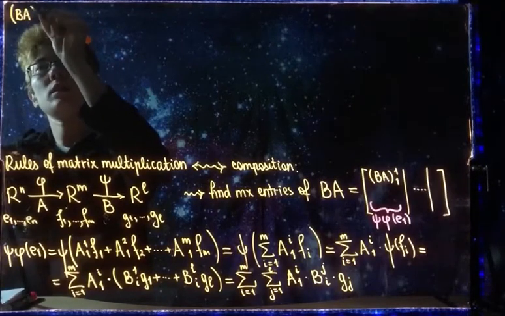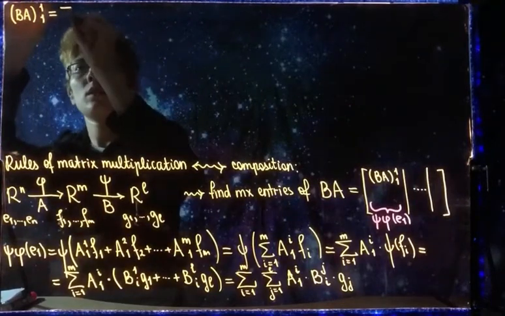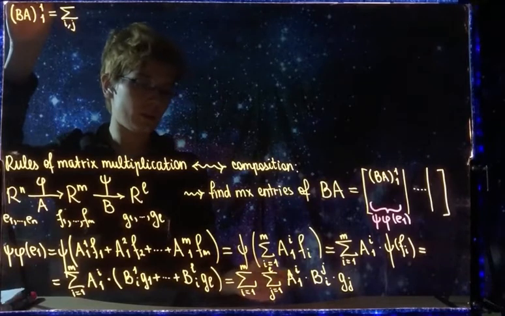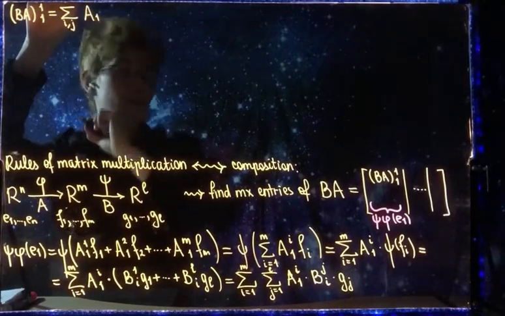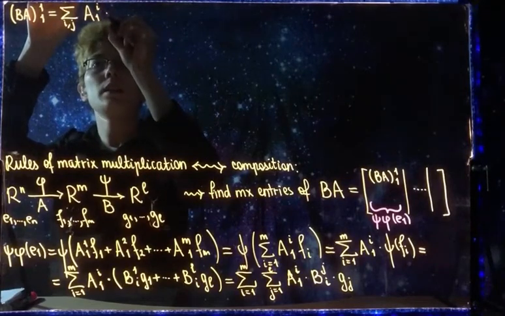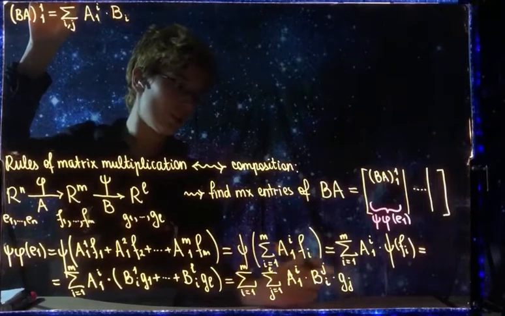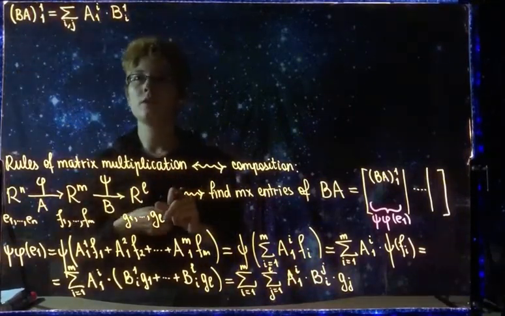So BA11 is the sum over i and j, pairing over their respective ranges of A1i times Bji, and here I take j equal to 1, so I get B1i here.